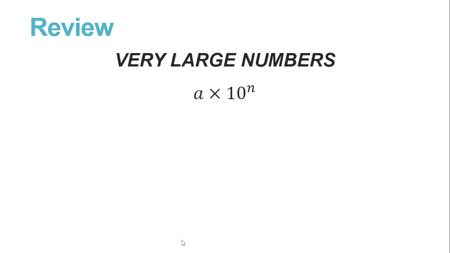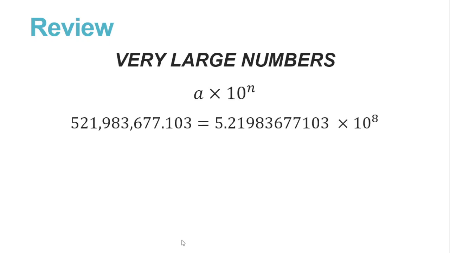So first, when we have very large numbers, we have this form: a number times 10 raised to a positive integer. For example, we have a big number. We just move the decimal point until we have only one digit on the whole number side.